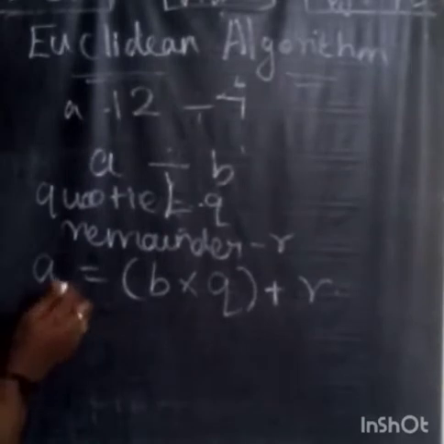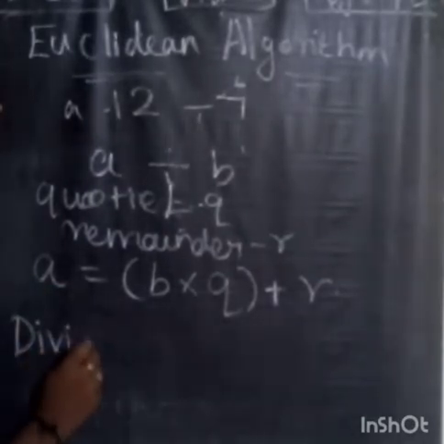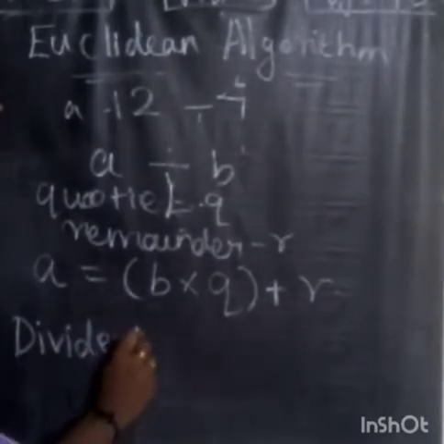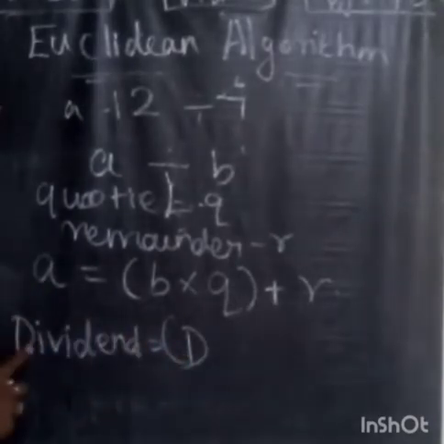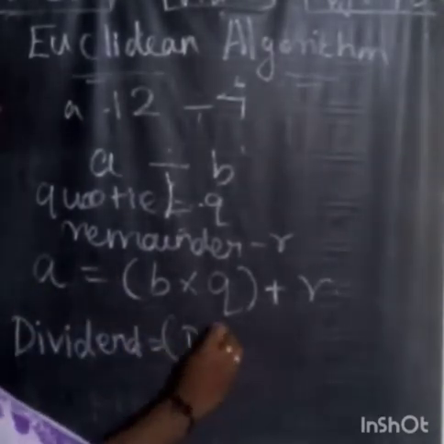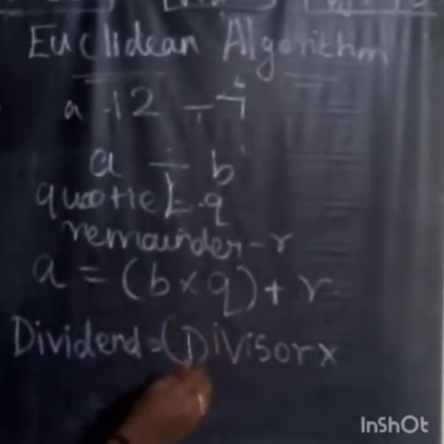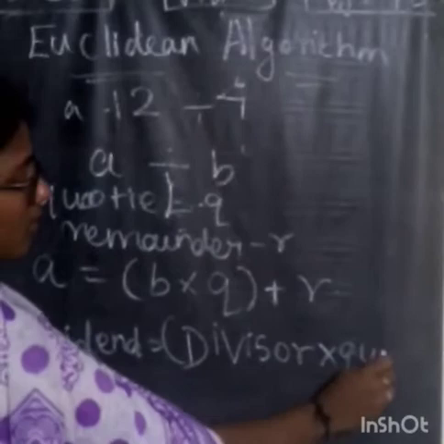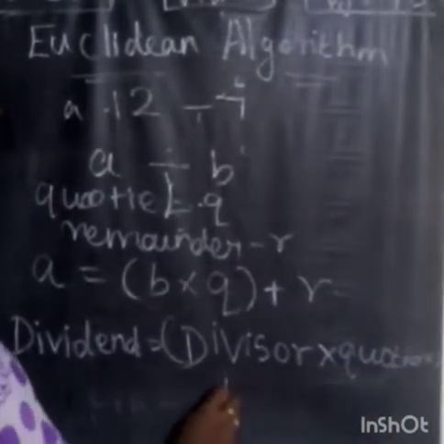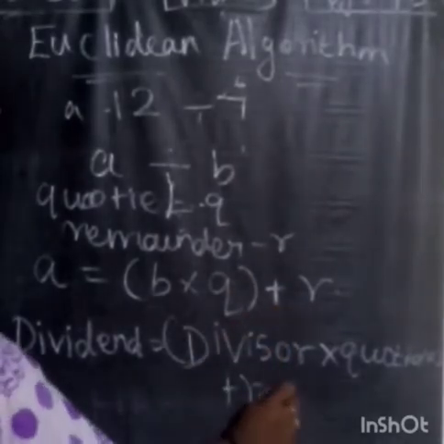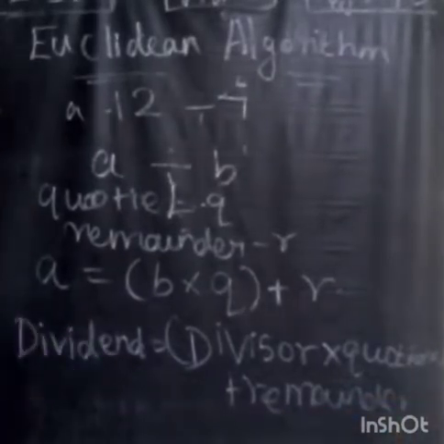Here A is the dividend, B is the divisor, Q is the quotient, and R is the remainder.